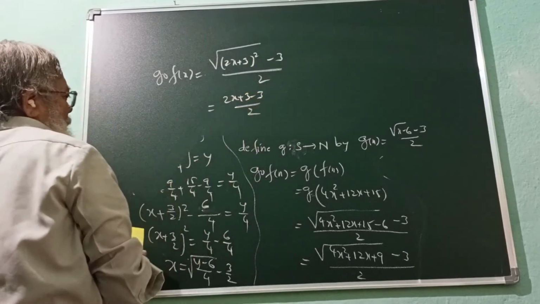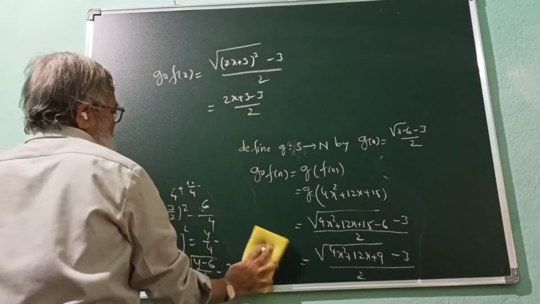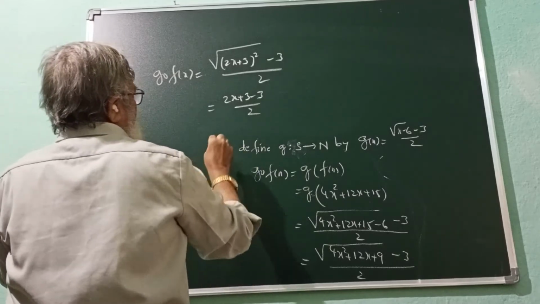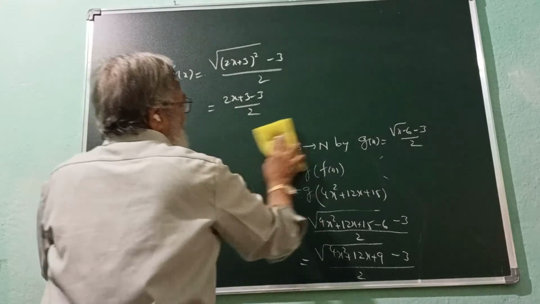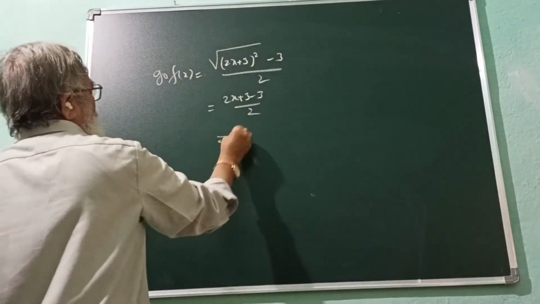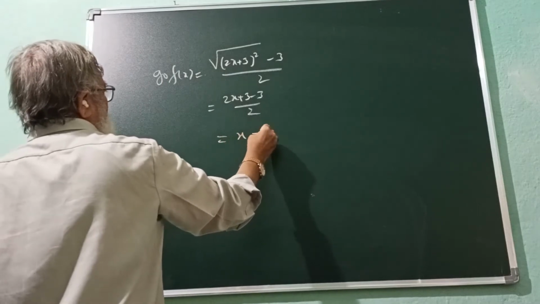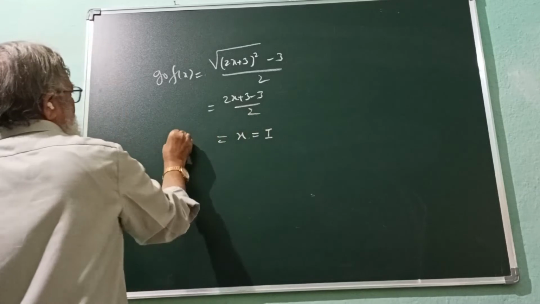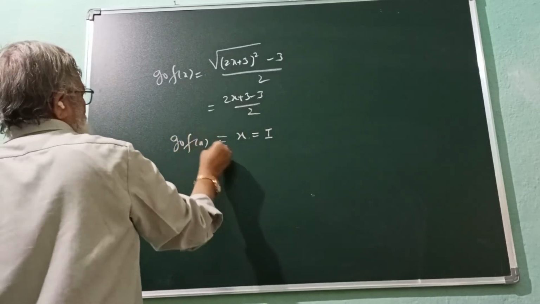Plus 3 minus 3 get cancelled, and here 2 cancels with 2, we get x, which is nothing but the identity function I. G composition f of x is equal to I.